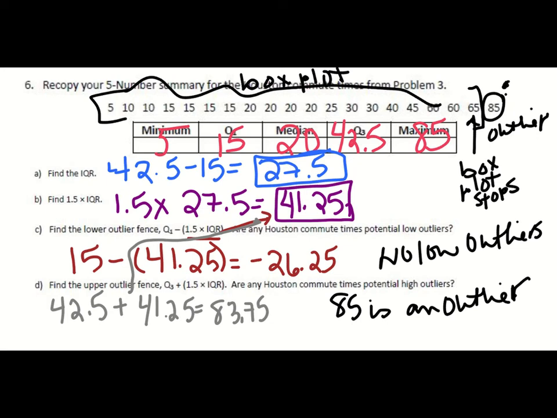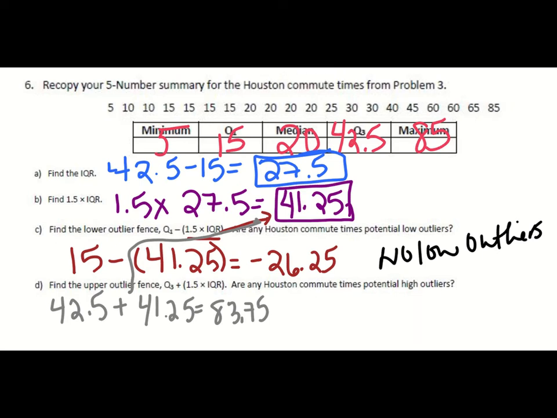And then on the next screen, we're going to redo this. So your box plot is going to stop at 65. So we'll talk about it on the next screen. And I'm going to draw a separate dot for 85, but 85 is an outlier.